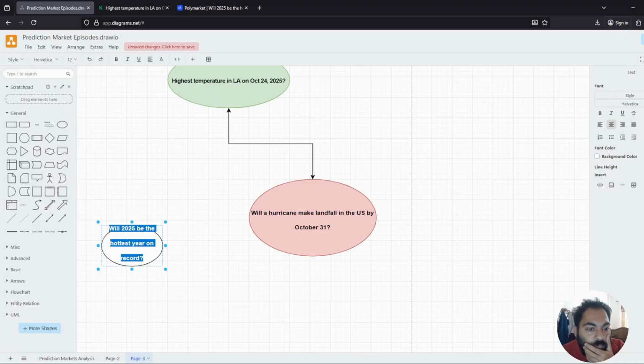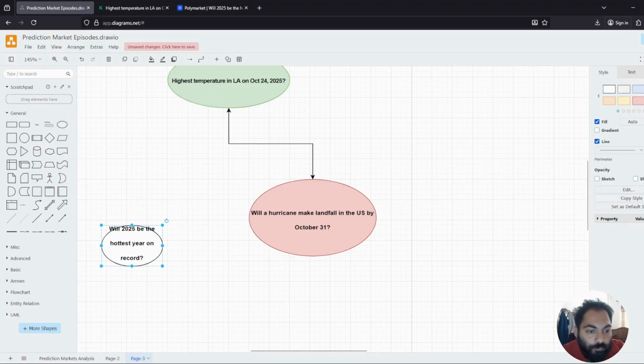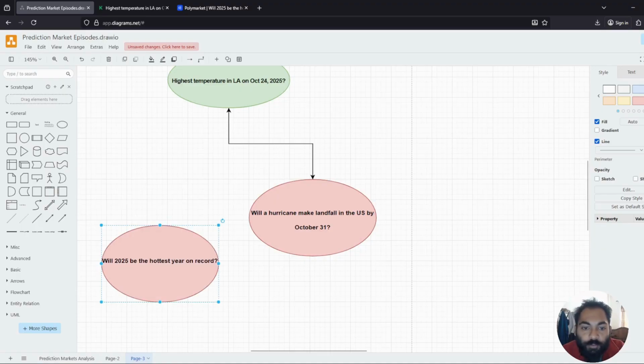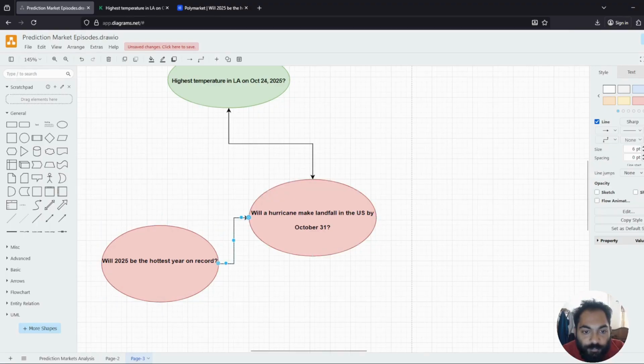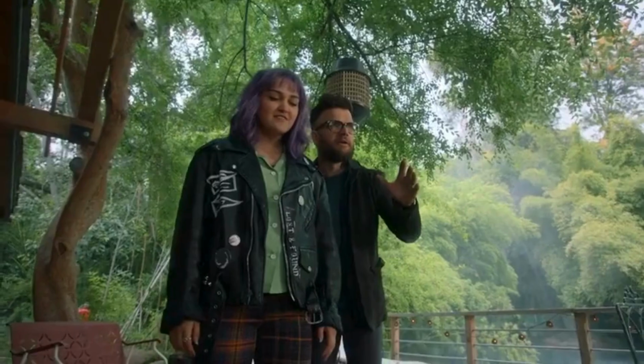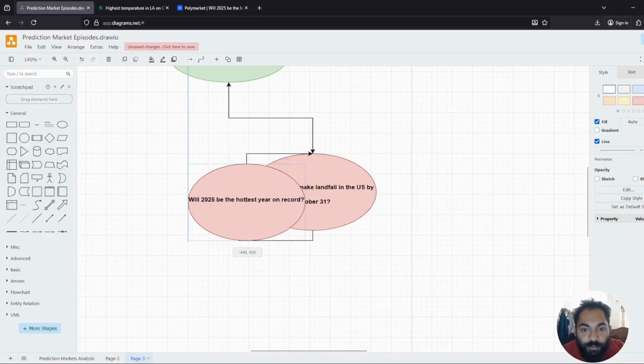This is not resolved yet, so I'll make it red. One of the good things about this is it has a two-way relationship.